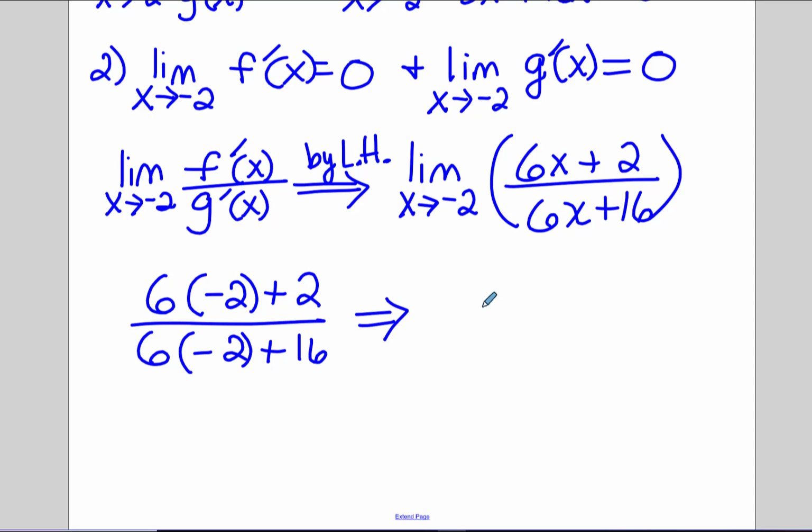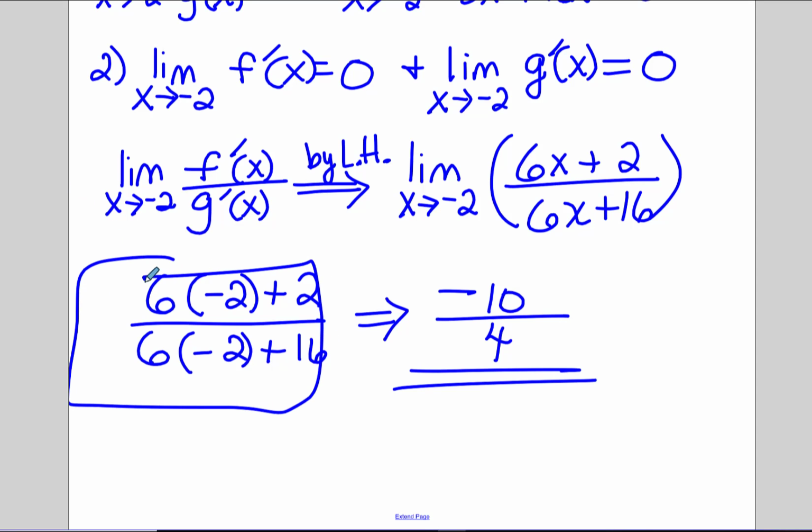Negative 12 plus 2 is negative 10, and negative 12 plus 16 is 4, and we have a limit. You don't have to simplify, you don't have to reduce. Actually, you don't have to do anything but this, unless it's a multiple choice question and you're looking for an answer. The AP exam readers would take that work as a valid answer.